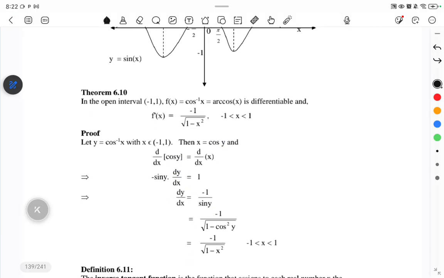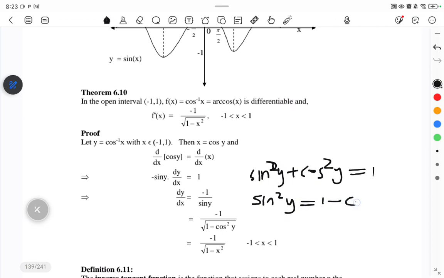And for sine y, we know that sine squared y plus cos squared y is equal to 1. Then we must make sine the subject of the formula, so sine y is equal to the root of 1 minus cos squared y.